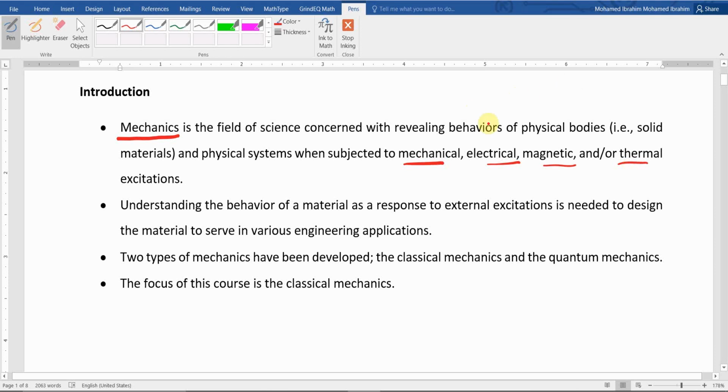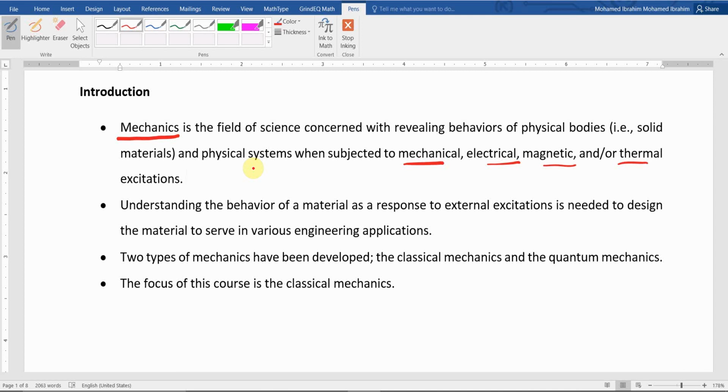So to understand and capture these behaviors, it means that you are studying mechanics, or you need mechanics for solid materials or mechanics of fluid materials. That's why, for example, we have solid mechanics and fluid mechanics, which are different fields of science.